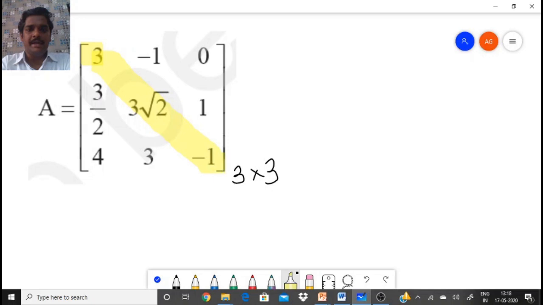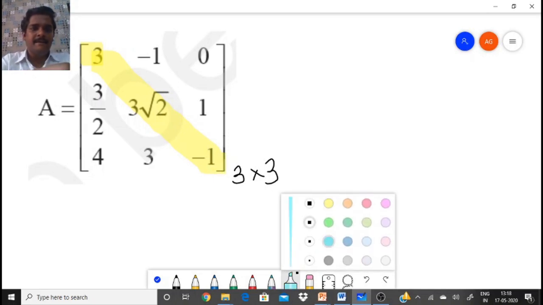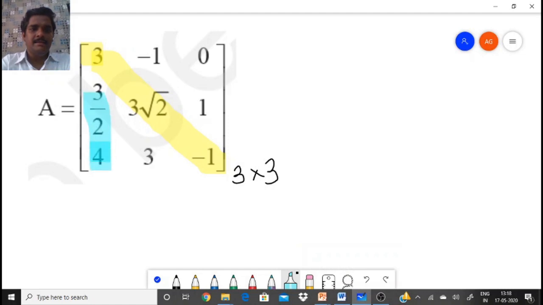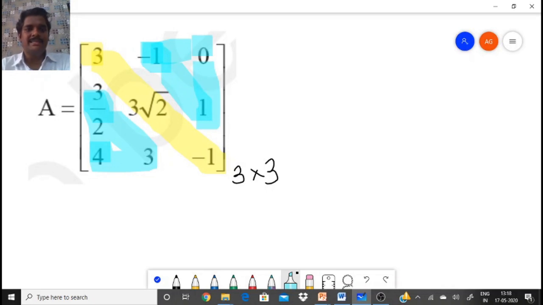This is your diagonal entry, and this is your non-diagonal entry. So basically diagonal entries are 3, 3, root 2 and minus 1. And the remaining are nothing but the non-diagonal entries.